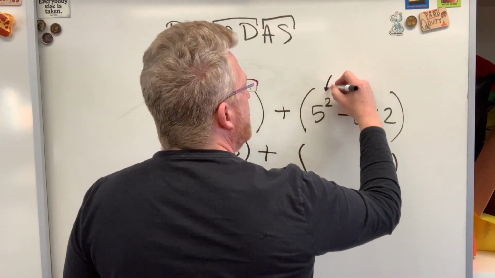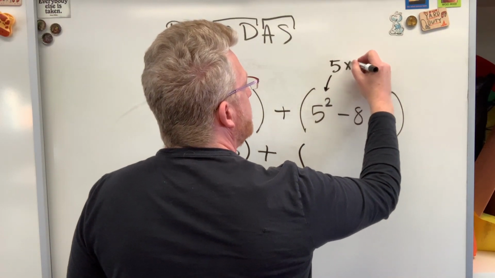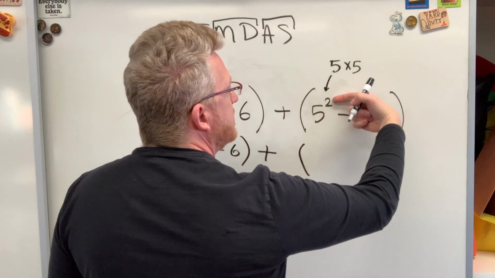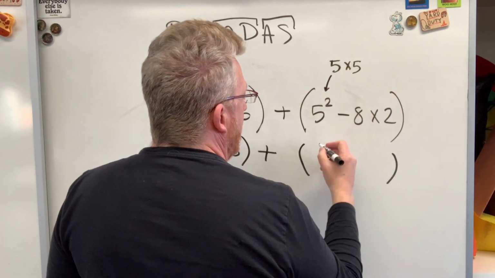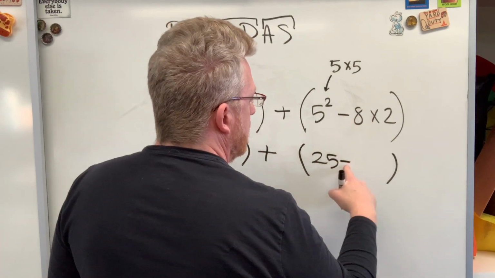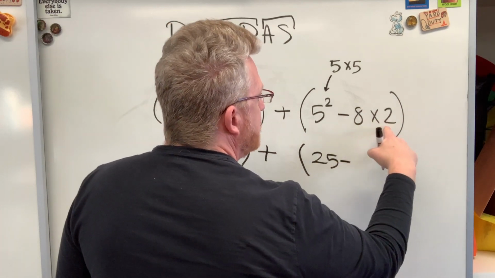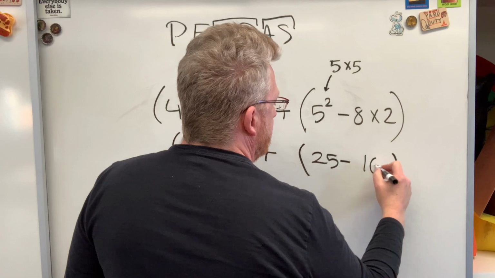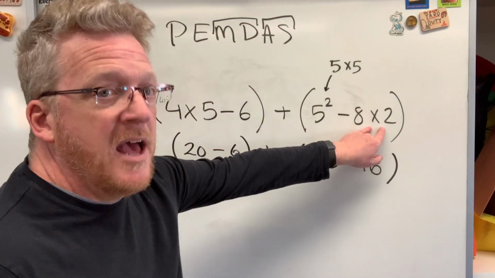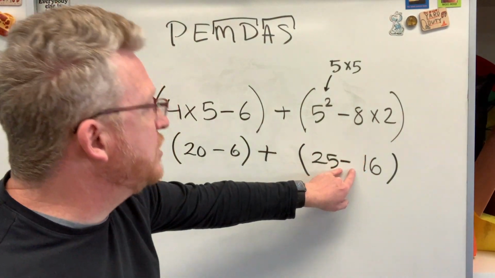So we've got 5 squared. Remember, what that means is 5 times 5. The base number gets multiplied together twice. So that's 25, right? Minus 8 times 2. That's 16. All right? The multiplication happens before the subtraction does.